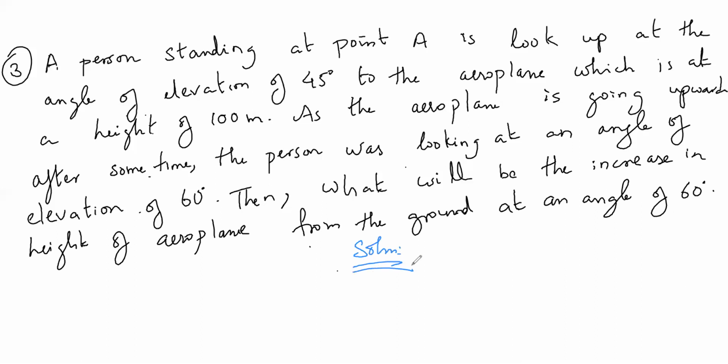Big question. Big questions are always easy for us to solve. First thing, a person is there on the ground. He is looking at an aeroplane. So draw the lines, connect the 2 points.